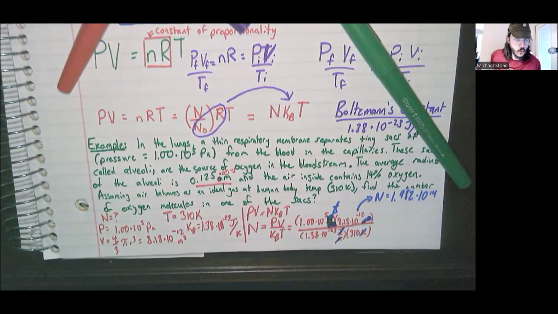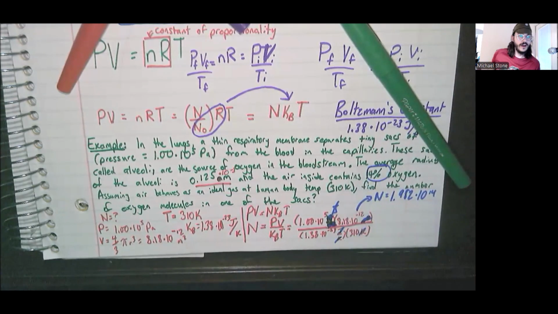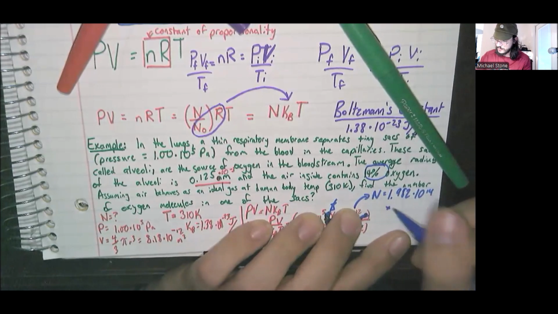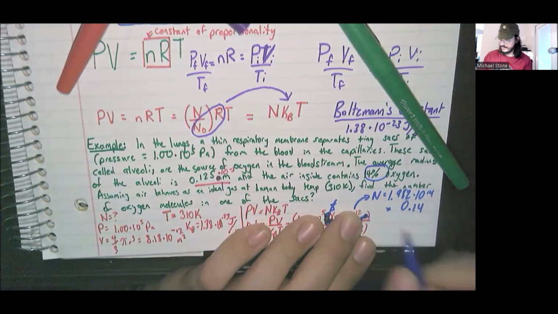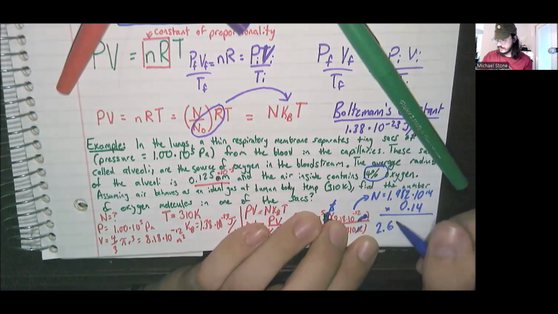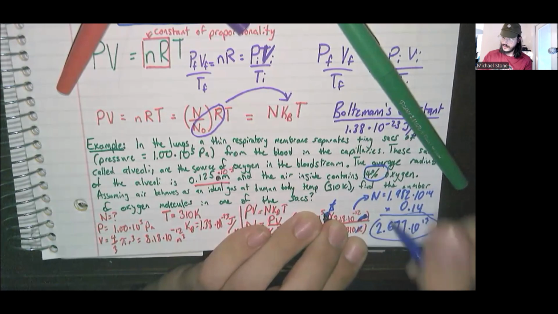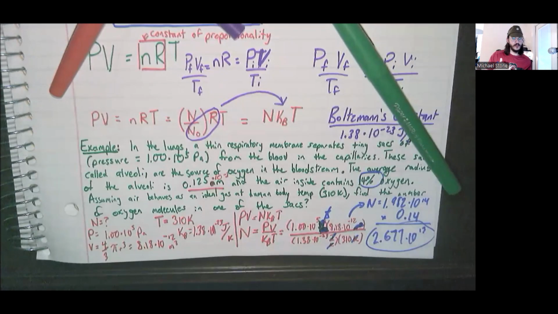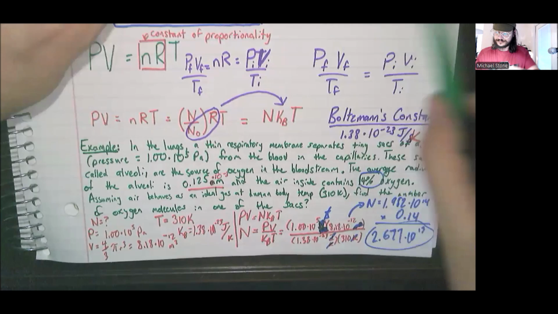That is the total amount of particles, only 14% of which are oxygen. So what do we do? We multiply by 14%. And we will find that there are 2.677 times 10 to the 13 particles of oxygen in one of those alveoli.